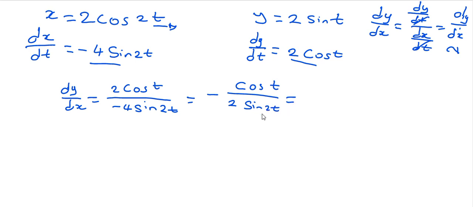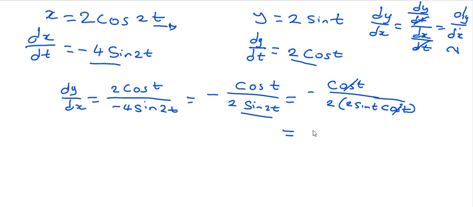Remember, if you can check, this is a double angle, so we're going to express it, and then we're going to have negative cos t all over 2 into 2 sine t cos t, where we're going to cancel these two, and then we're left with negative 1 over 4 sine t.